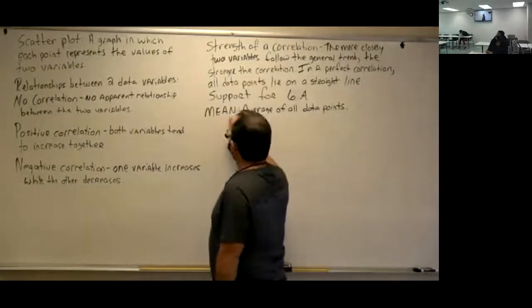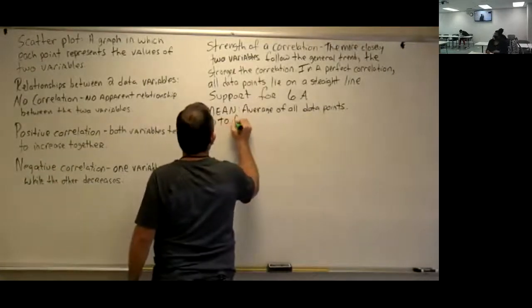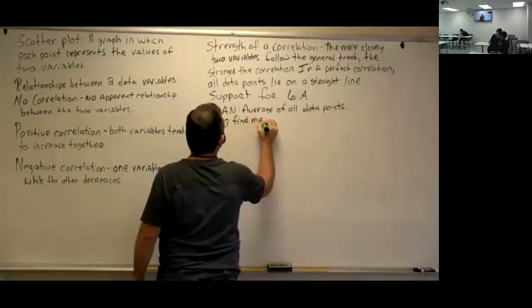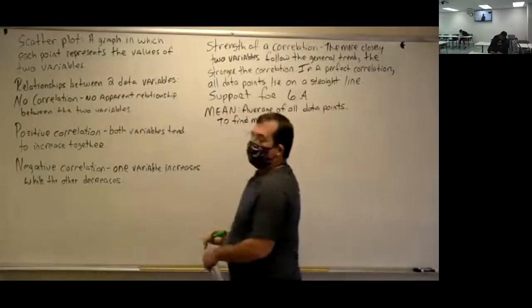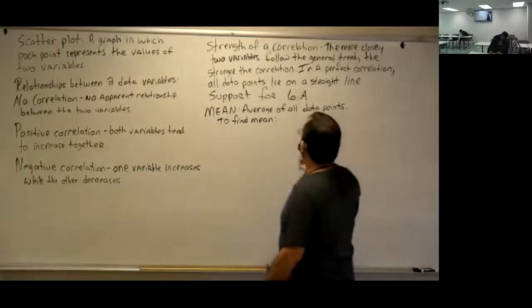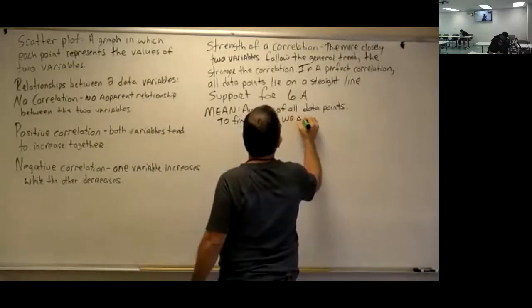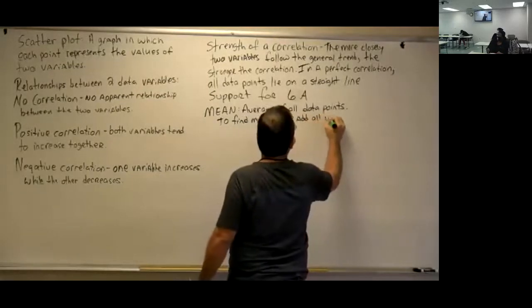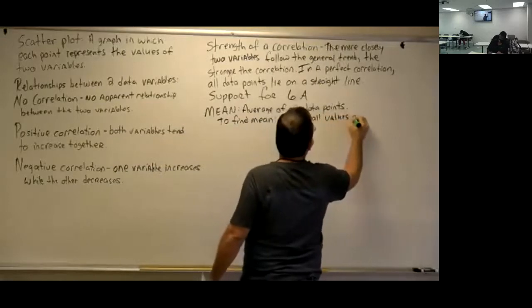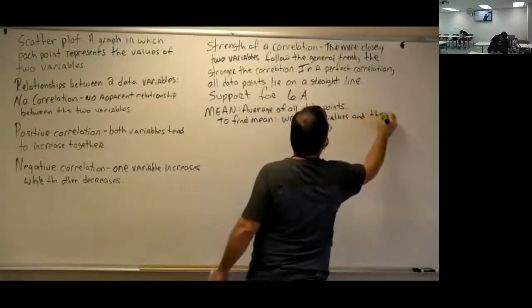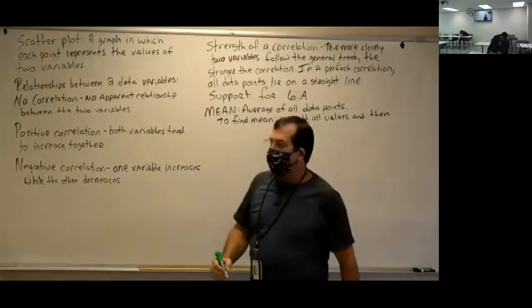So to find the mean, we add up all the values and then divide by how many we have.